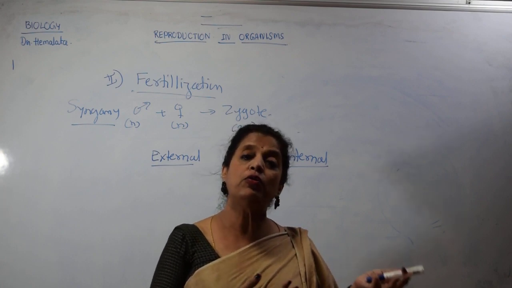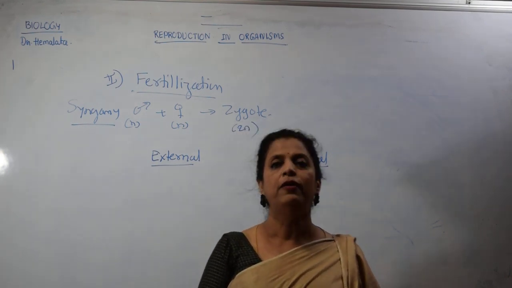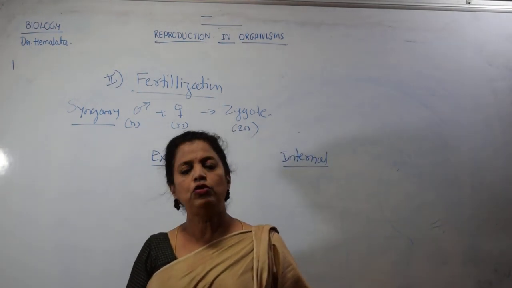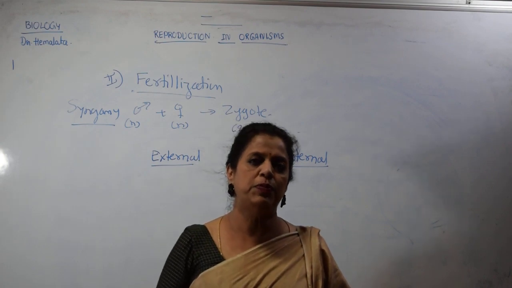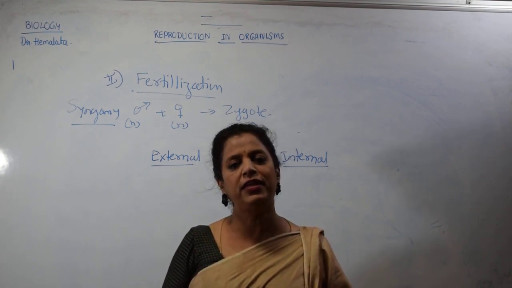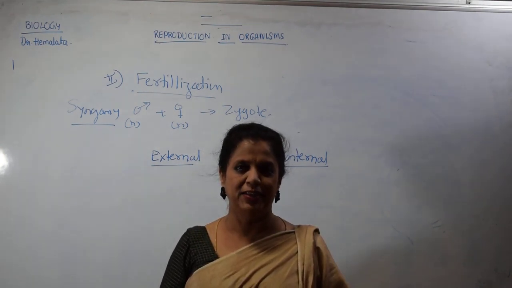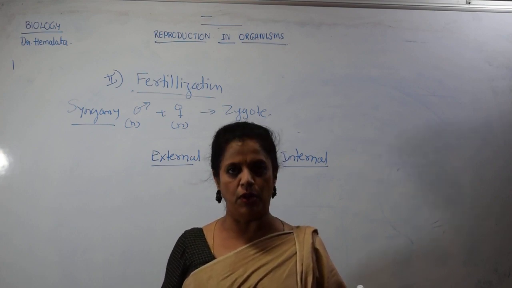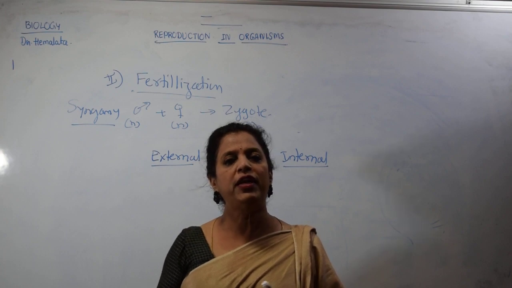The eggs will not have to fight with the environment or anything. Therefore, the advantage is always for internal fertilization. So they will ask you to differentiate between external fertilization and internal fertilization. I hope you know, around 4 to 5 differences you can easily write. Okay. So that's about the fertilization event.